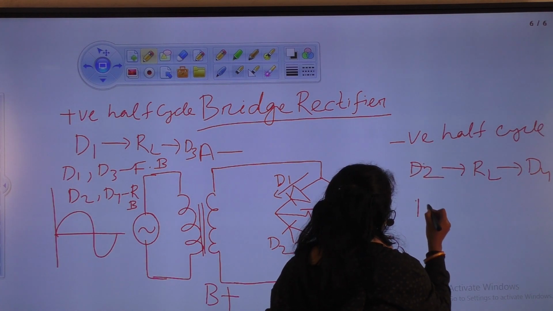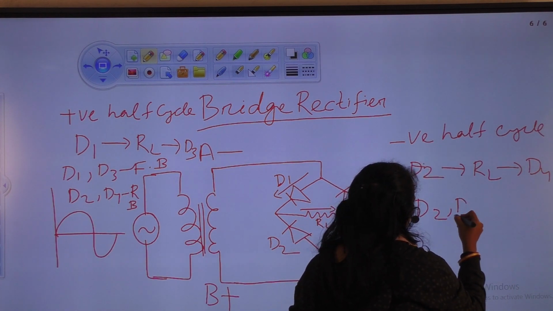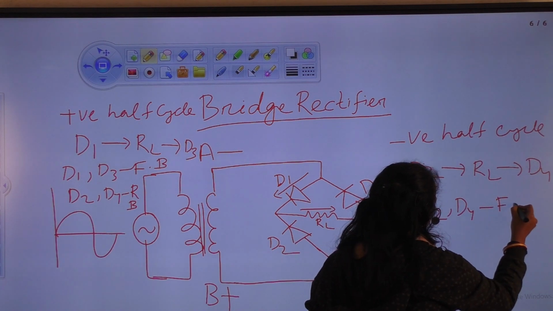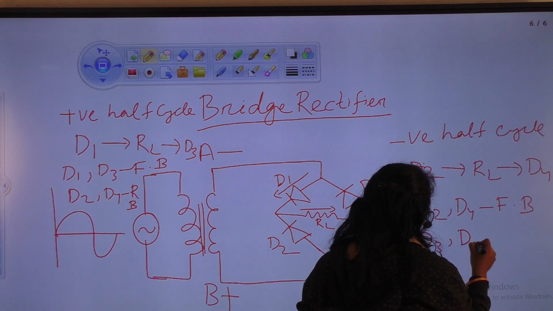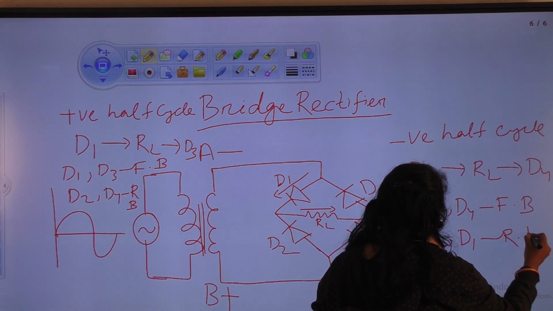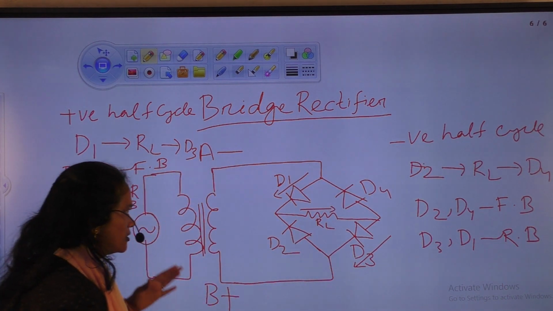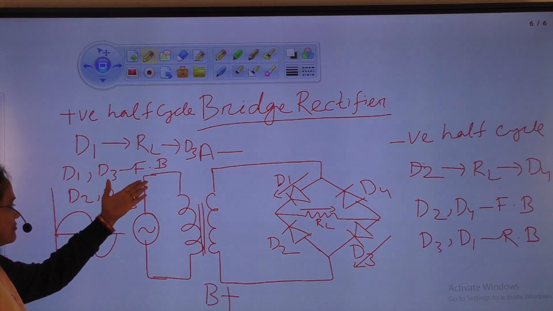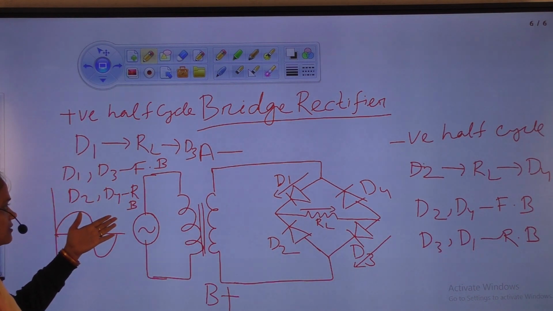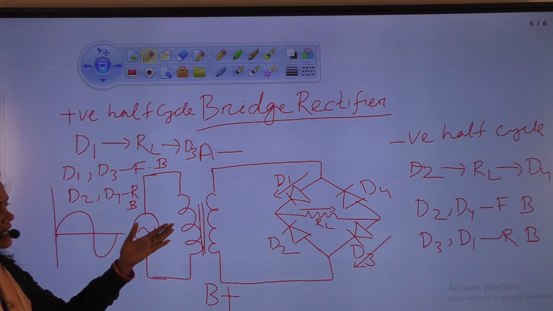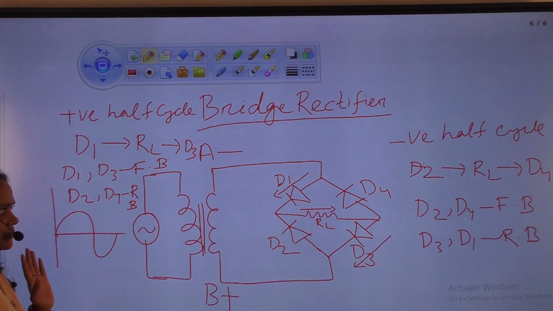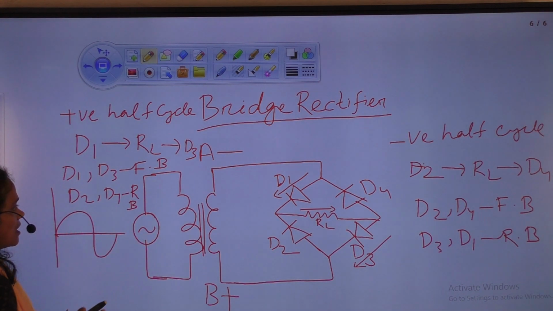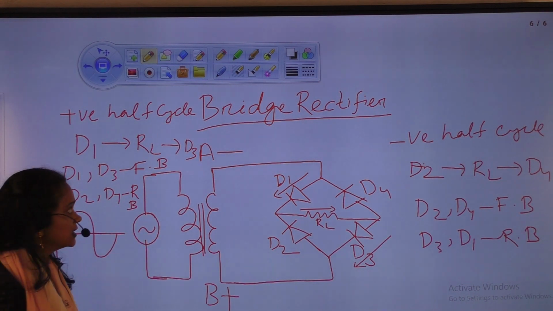So we can write D2, D4 are forward bias and D3 and D1 are reverse bias. In positive half cycle, D1, D3 are forward bias, D2, D4 are reverse bias. In negative half cycle, D2, D4 are forward bias, D3, D1 are reverse bias. As per this, let's make the circuit diagram.